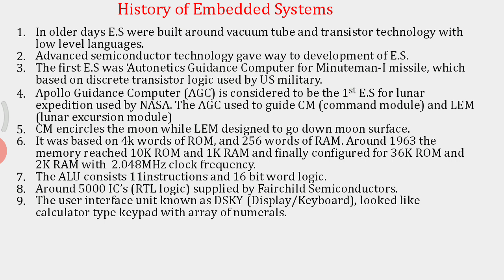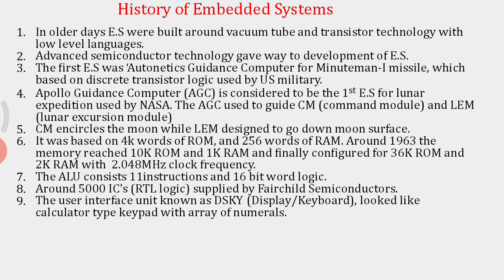After this, the Apollo Guidance Computer is another embedded system. The Apollo Guidance Computer is considered to be the first embedded system for lunar expedition, used by NASA. So in space applications, the Apollo Guidance Computer is considered the first embedded system. The AGC is used to guide the CM, Command Module, and the Lunar Excursion Module.